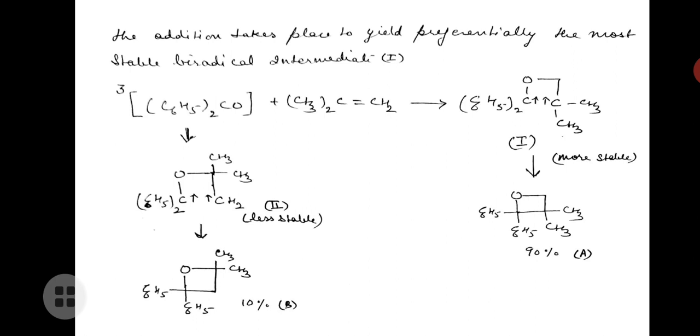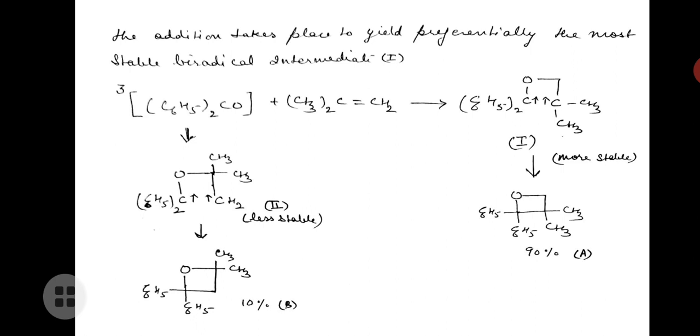So the product formed from the first biradical is A, and that is 90%, while the product formed from the less stable second biradical intermediate is only 10%.